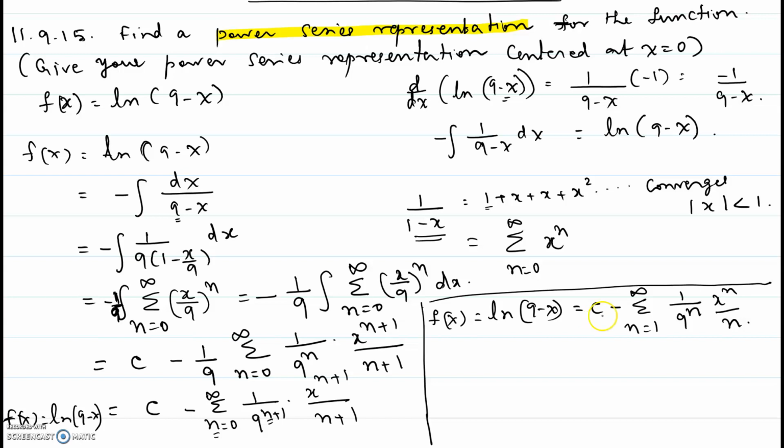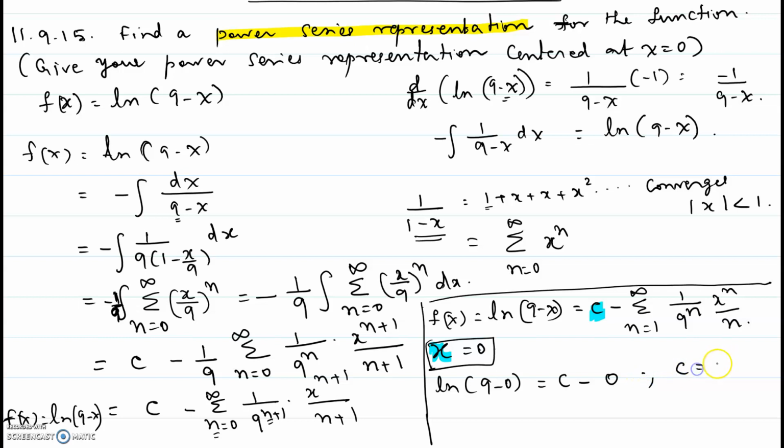Now we want to determine what this constant c is. So let's substitute x equal to 0 in this relation. We get ln of 9 minus 0 equal to c minus the series, because of the x to the power n involved, everything will become 0.